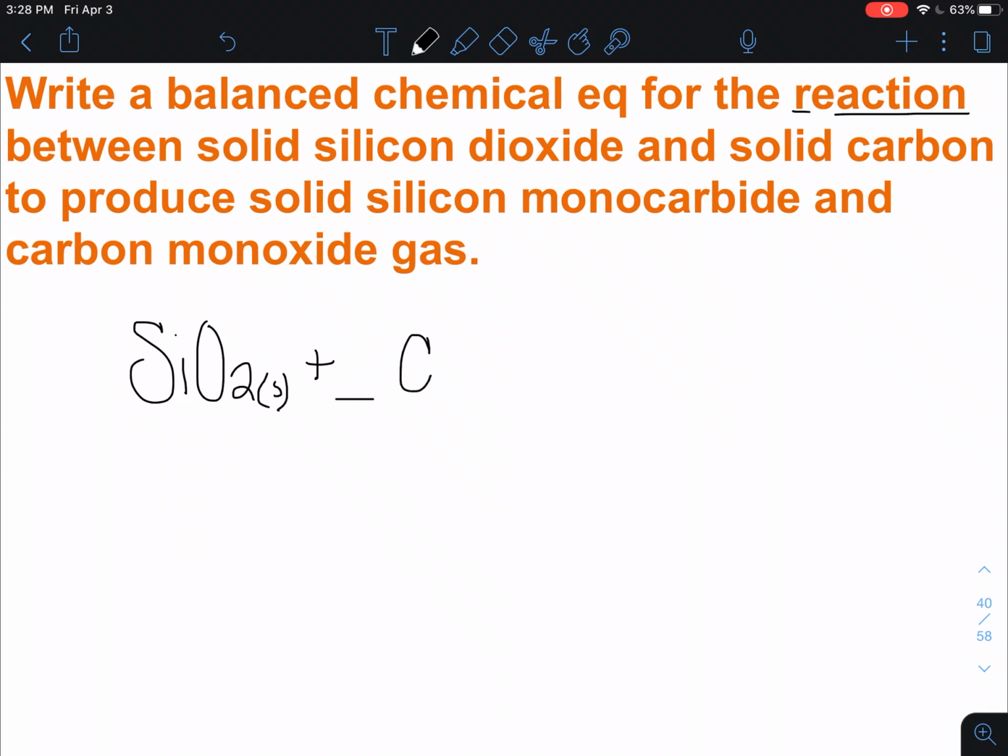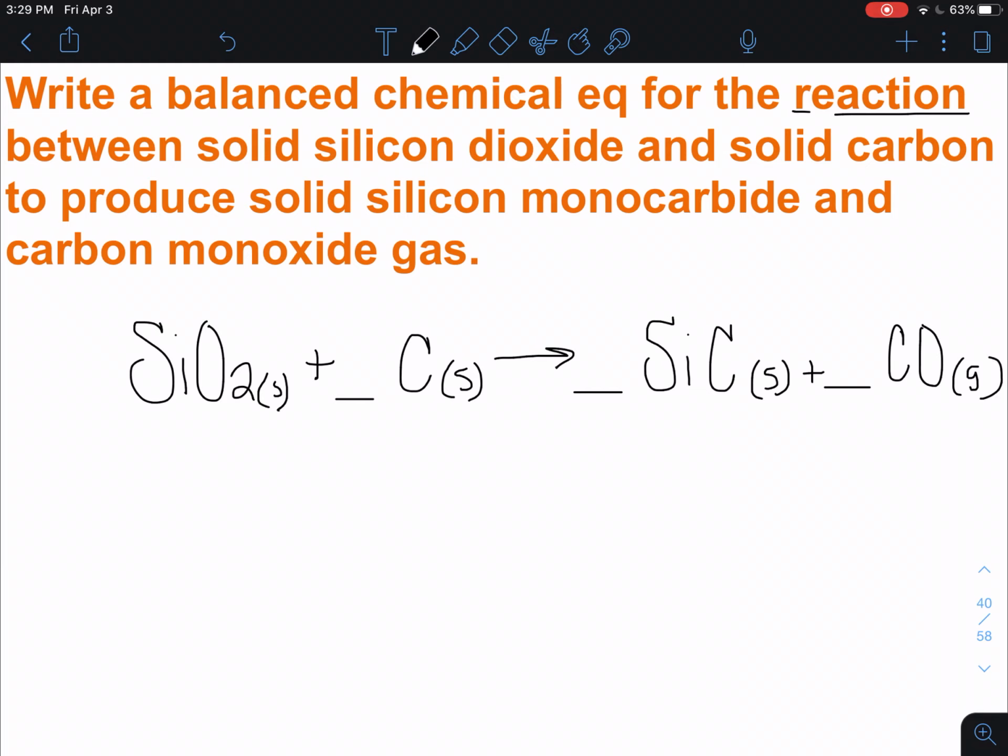So I'm just going to put C, S, to produce, oops, that's your arrow, silicon monocarbide, and I just want to make sure that I have enough room for my coefficient, and it's a solid, plus carbon monoxide gas. So again, a line, so you have plenty of room for your coefficients. Carbon monoxide gas. All right, so that is the skeleton equation.